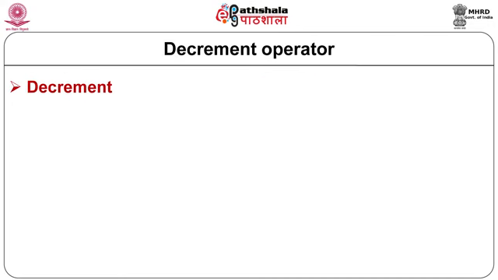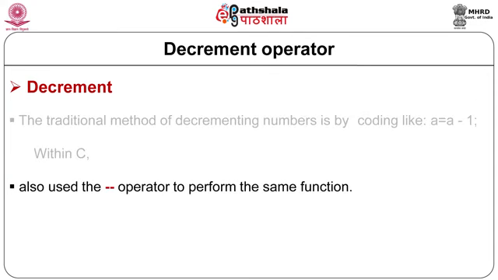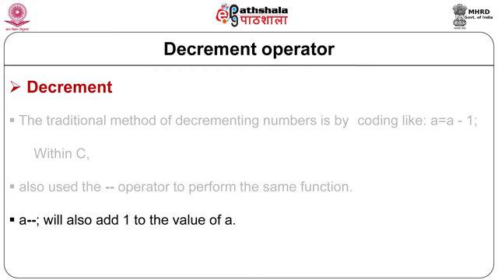Now the decrement operator, it is the opposite of increment operator. Here you can see, I am considering a equal to a minus 1. So, I am decrementing the variable by 1. This is the traditional method of decrementing any number in C or in any language. For this, one can use the minus operator to perform the same function. In C programming, you can use a minus minus.